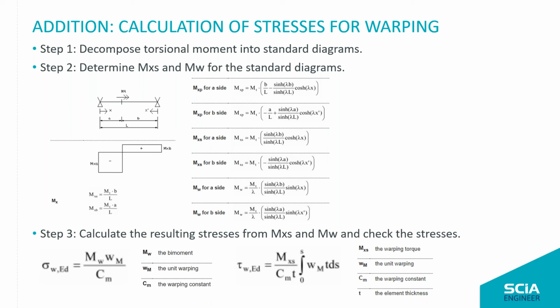Then we use formulas that describe the secondary torsional moment and the warping moment for those standard diagrams of torsion. This will give us the warping moment and the secondary moment. And from these, we can calculate the warping stresses inside the section and do a check of the stresses.